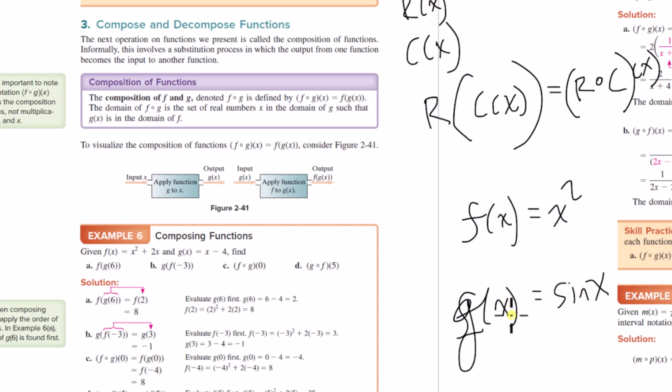But if you've got more permanently defined functions, you've created these functions, they're permanent. They've got names to them, right? You name the function. This is whatever of x. Well, then you might want to look at it this way. Okay, if I compose this function within this function, what do I get? The idea is it's like the output of one function is the input of another function, right?